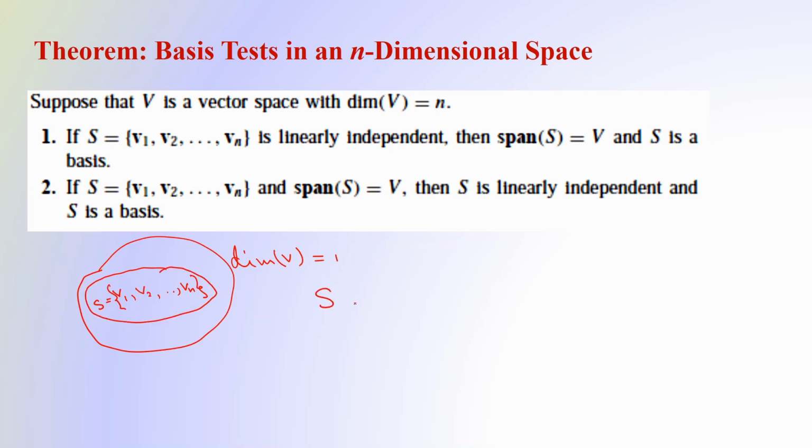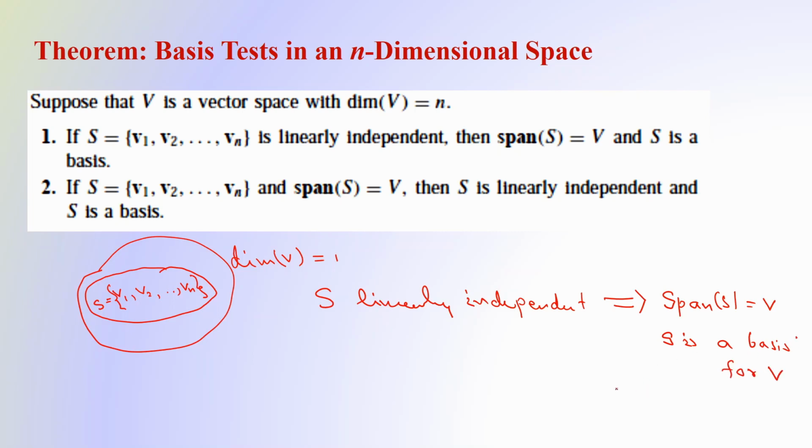If S is linearly independent, this implies that span S is equal to V and S is a basis for V. So if we start with S linearly independent, we can show that the span of S is equal to V, the vector space, and S is a basis for V.